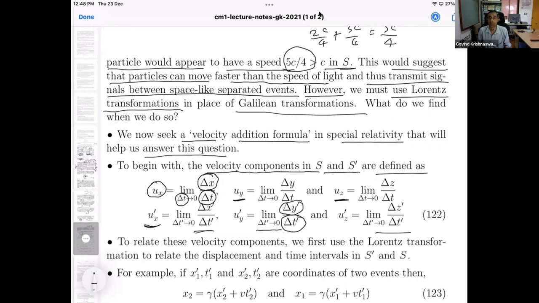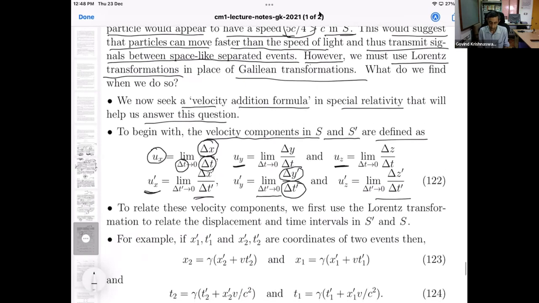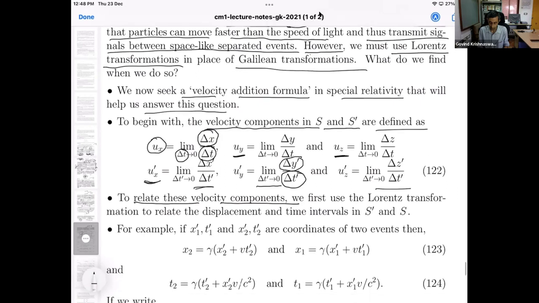So this is what we mean by velocity components in the two frames. Our aim here is to relate these velocity components. We want to relate ux to ux prime. They should be related through the appearance of v, the relative velocity between the two frames.